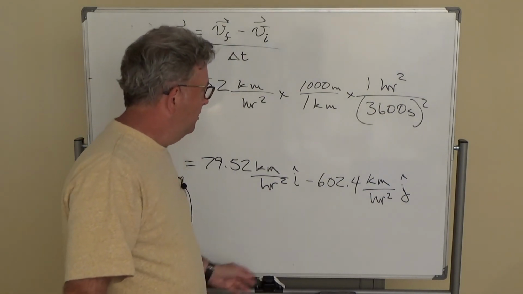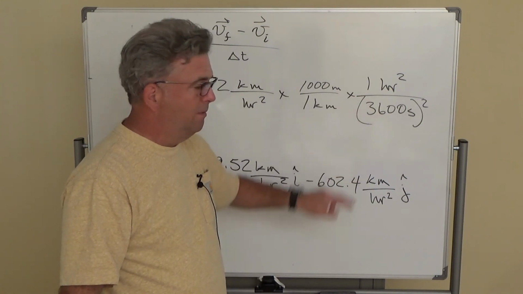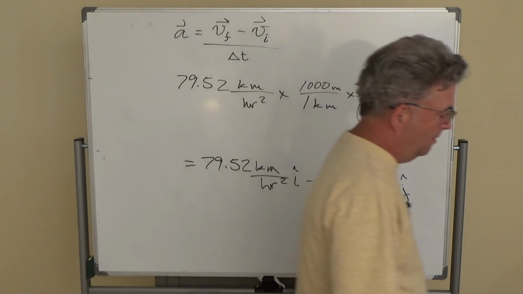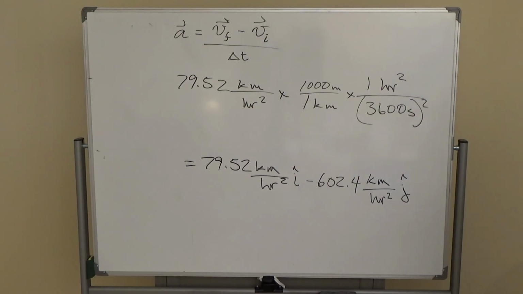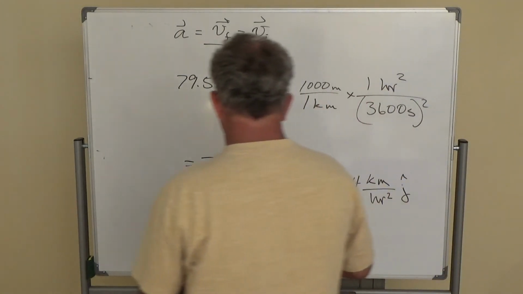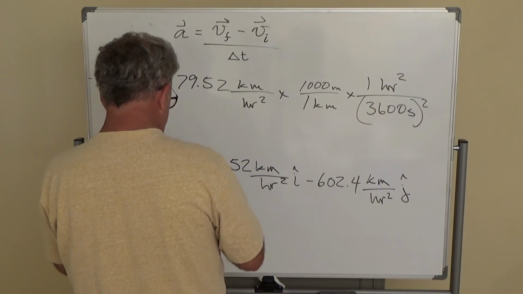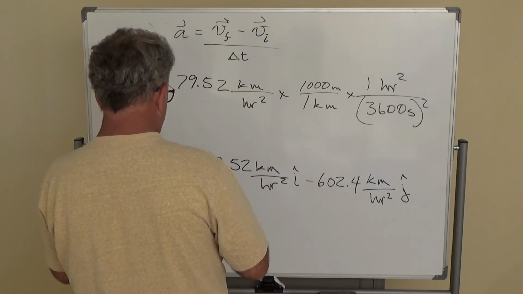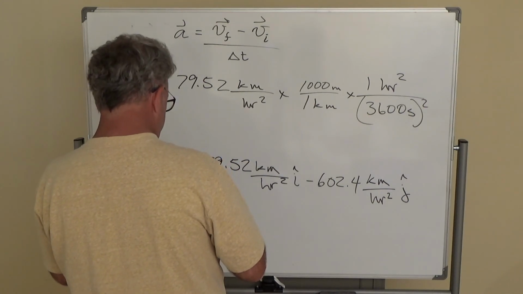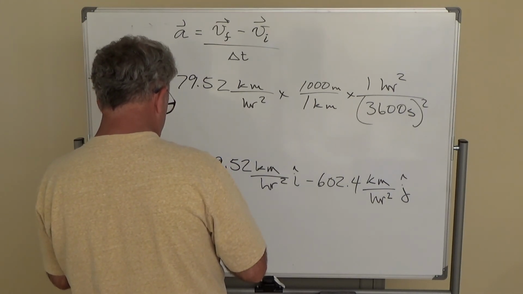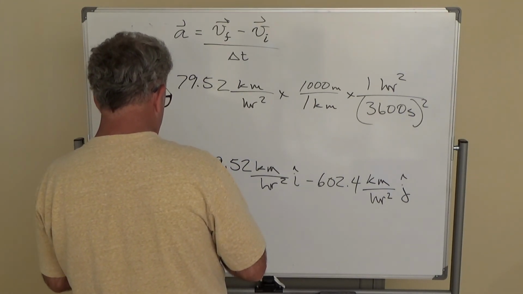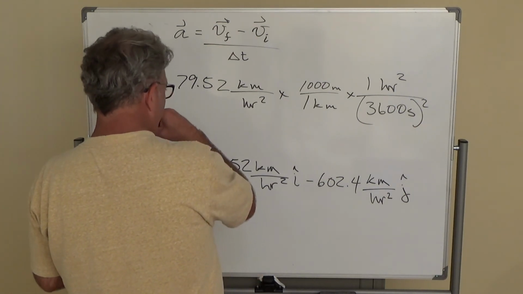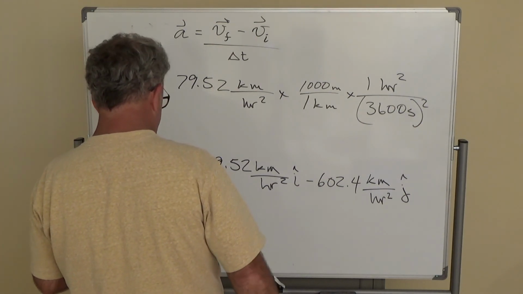You have to be careful. This is so easy to mess up. Okay. So let's see. We have 79.52 times 1,000 over 3,600 squared. See, that's a really small acceleration.